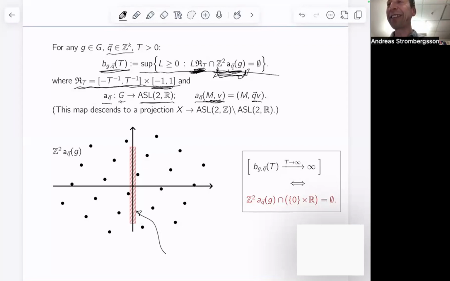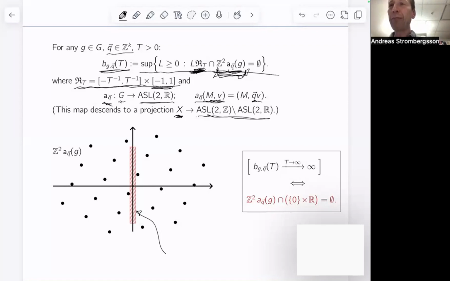And now just take Q times V. This gives me a vector in R^2. So that's my projection. And this map, if Q is an integer vector, descends to a projection from X, my 3 + 2k dimensional manifold, to this 5-dimensional manifold, this space of affine lattices.